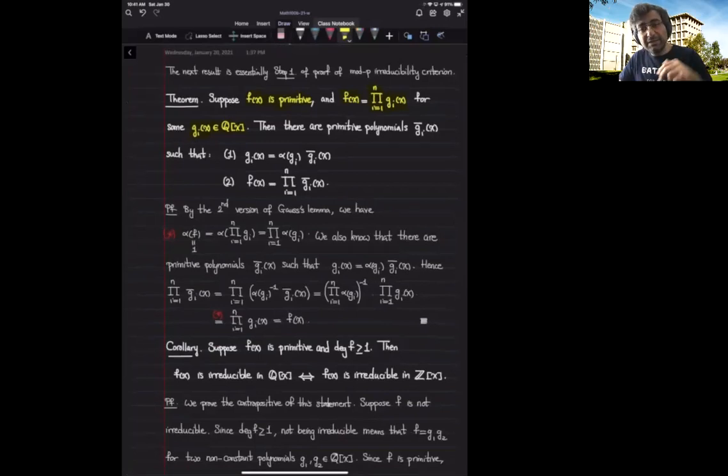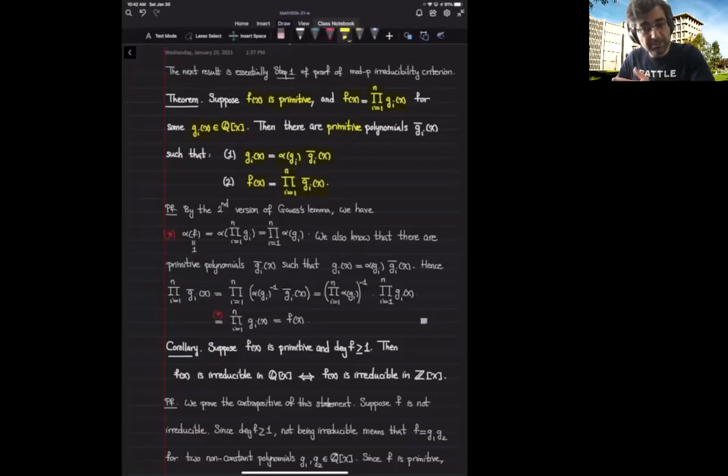Then, if I look at the primitive factors of the g sub i's, meaning I can find these g sub i bars that are primitive, and g sub i is just its content times g sub i bar. This is the unique primitive form of g sub i. If that is the case, then my polynomial f is nothing but the product of these primitive forms of the g sub i's.